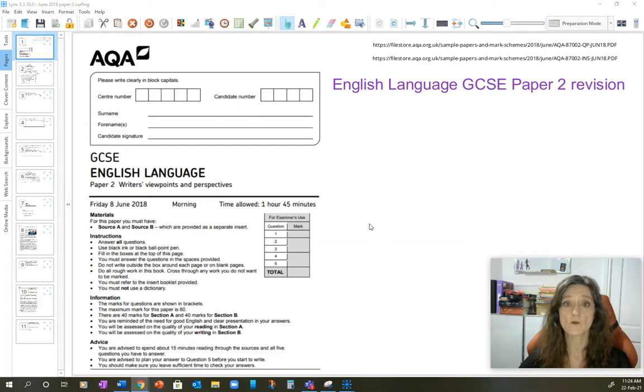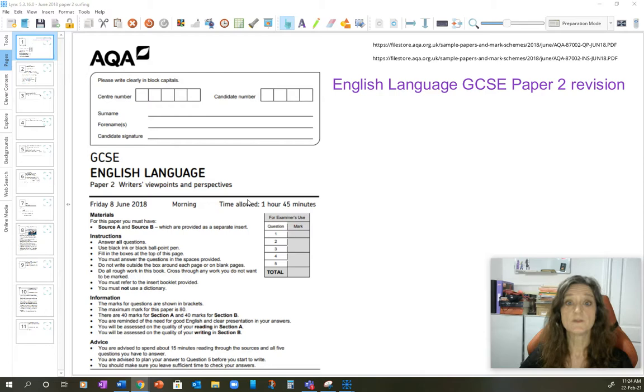And so the first thing, obviously, if you're in the exam room, or if you're in your classroom doing a timed assessment, before the actual assessment starts, you have to read through the front of the paper and fill out the front of the paper yourself. So make sure you know your centre number and your candidate number, obviously, and then read through this. So the time allowed for the paper is 1 hour and 45 minutes.